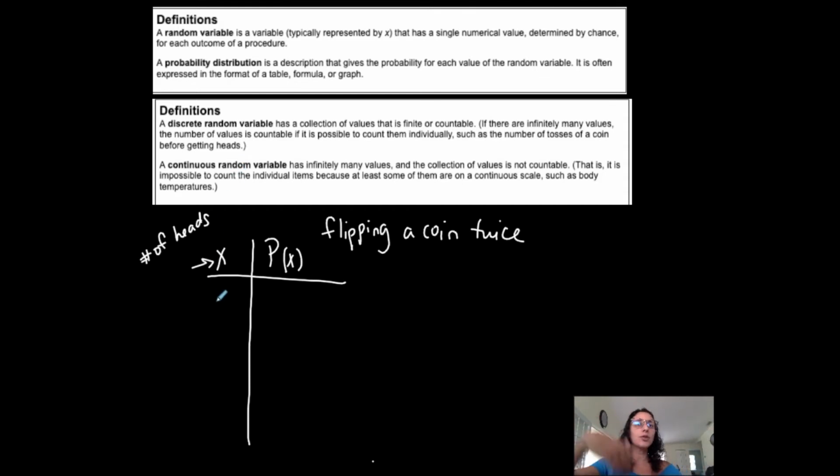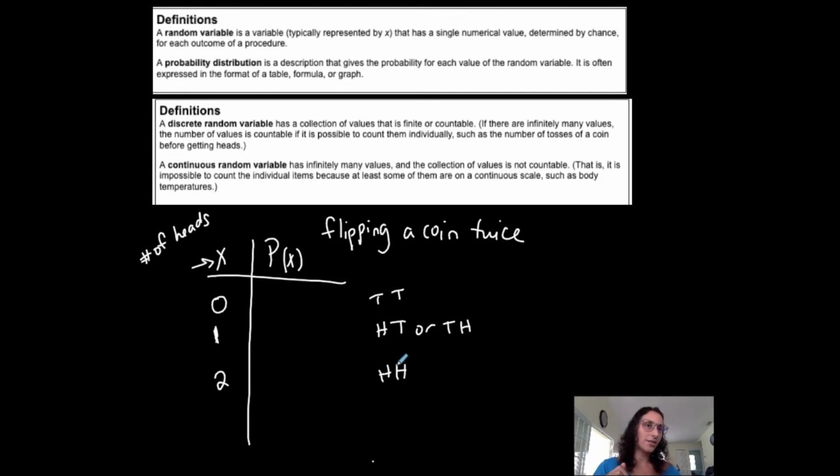Well, I can get 0 heads, meaning tails and then tails, TT. I can get exactly 1 head, meaning I flip the coin, get a heads and then a tails, or get a tails and then a heads. Or I can get 2 heads, heads and then heads.